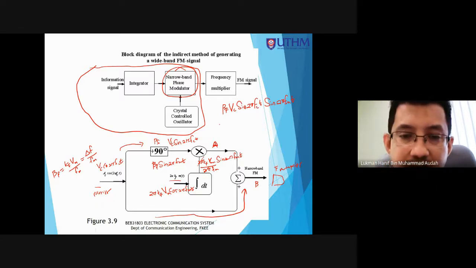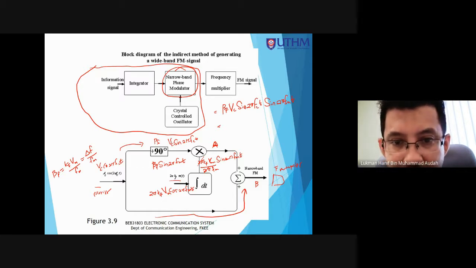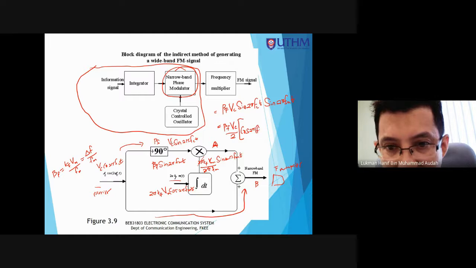Sin and sin, according to trigonometry identity, it will become cos minus cos. Okay, so this is beta f VC over 2 big bracket cos 2 pi (fC minus fM).